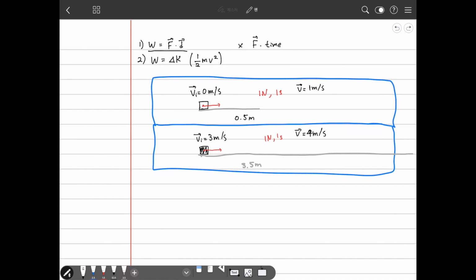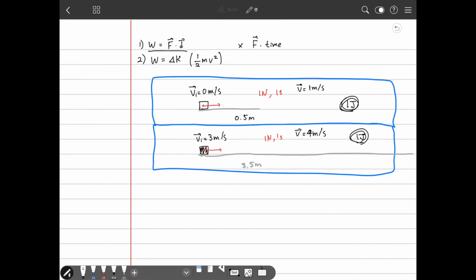So when we use this wrong equation, we're gonna get 1 joule and 1 joule for them. So obviously the joule part doesn't work. Joule is not the correct dimension when you do force times time, but let's just say for the sake of explanation that this is the dimension that we're gonna be using for now.